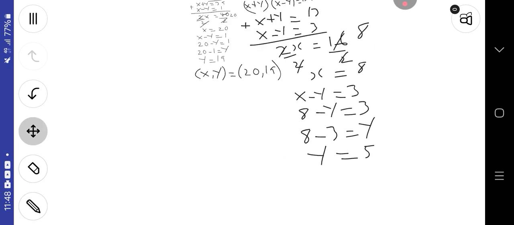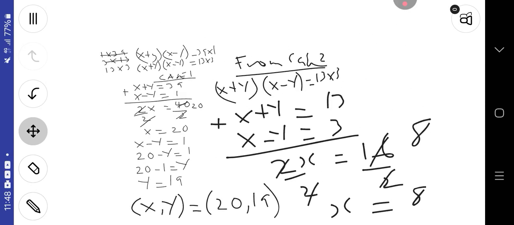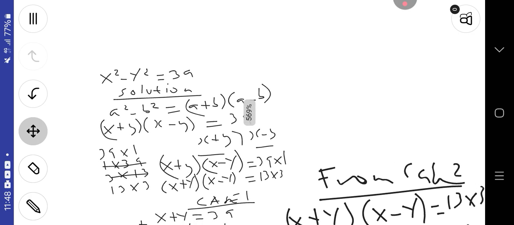Now we need to test our equations against our original equation.